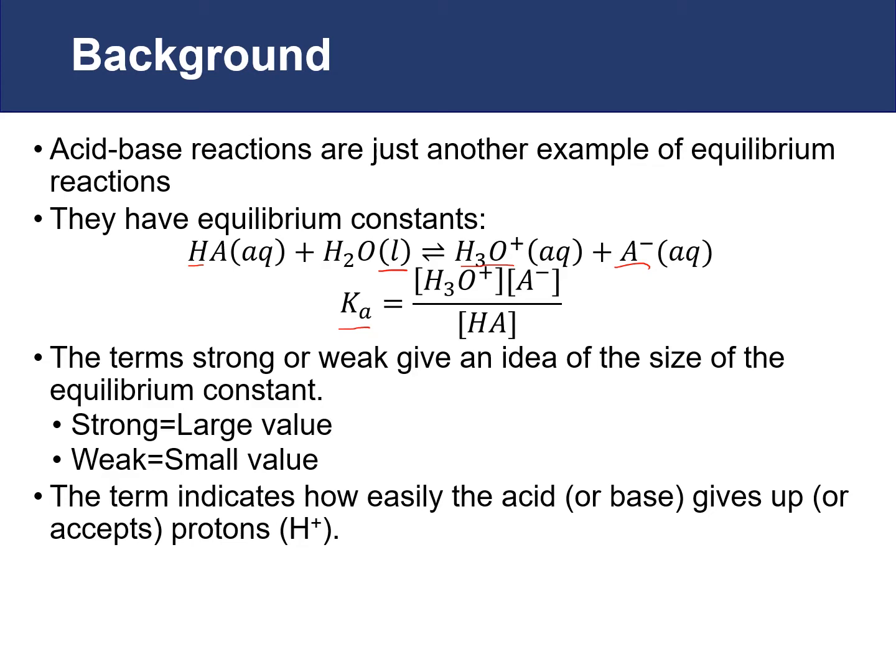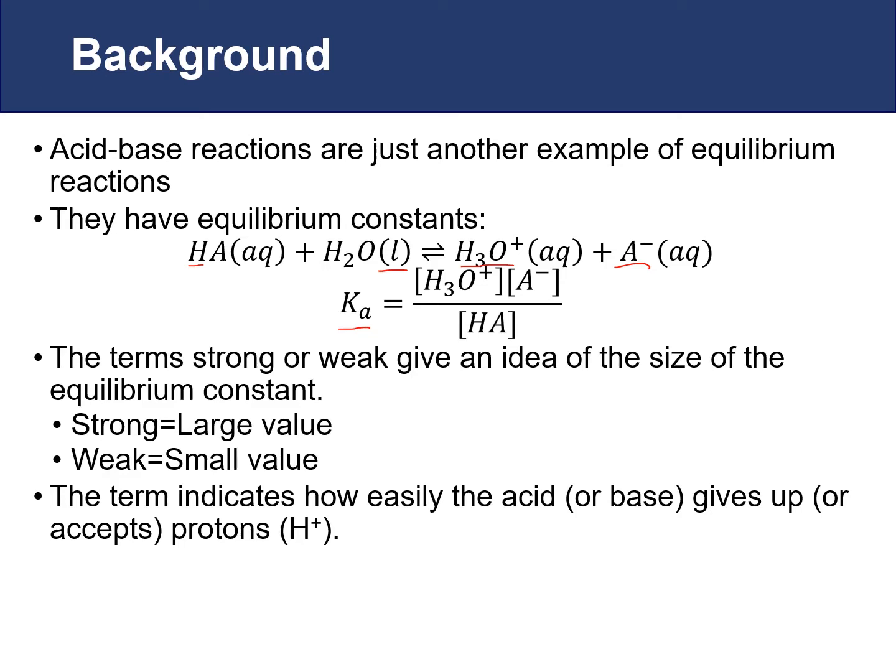When we say something is a strong acid or a strong base, what we're essentially saying is that the equilibrium constant is large, meaning that the reaction proceeds a good portion towards the products. Generally, the reaction goes almost completely to the products.